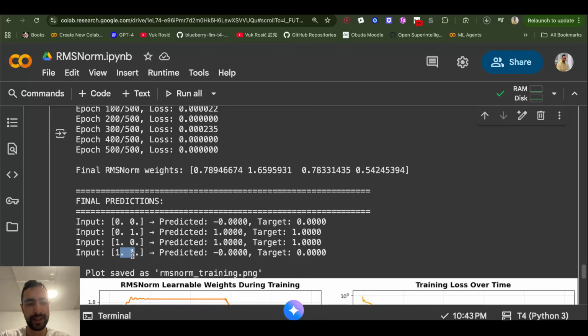So if the numbers are the same, output 0. If the numbers are different, output 1. In the beginning, it's not going to output these correct numbers. It will start learning, and at the end, it will learn what to output. And this is minus 0 here, just because maybe this is a number just below 0, so it's learning that it needs to be 0.